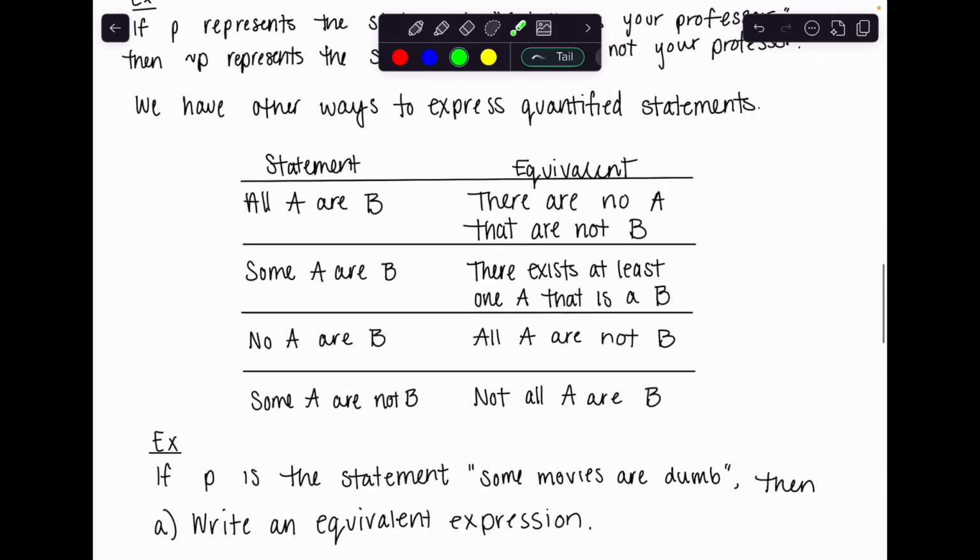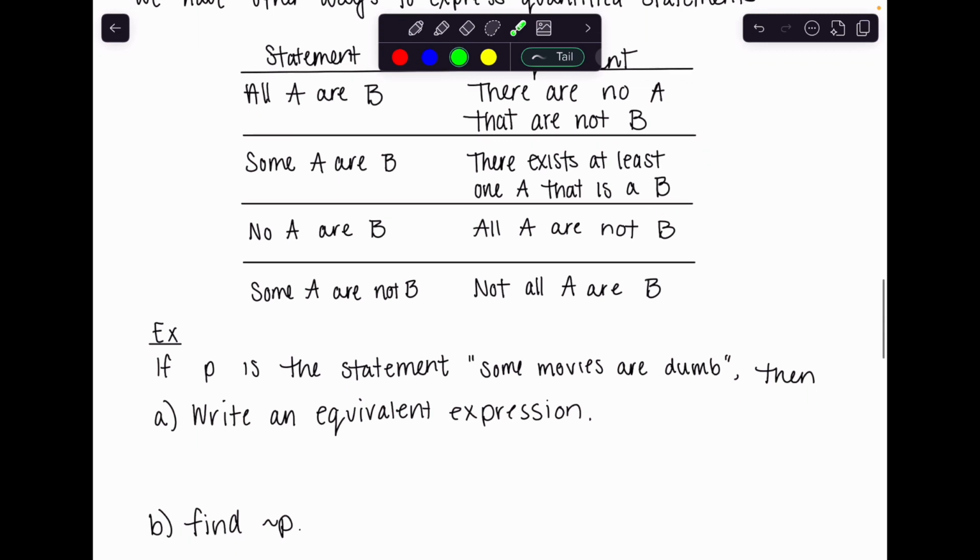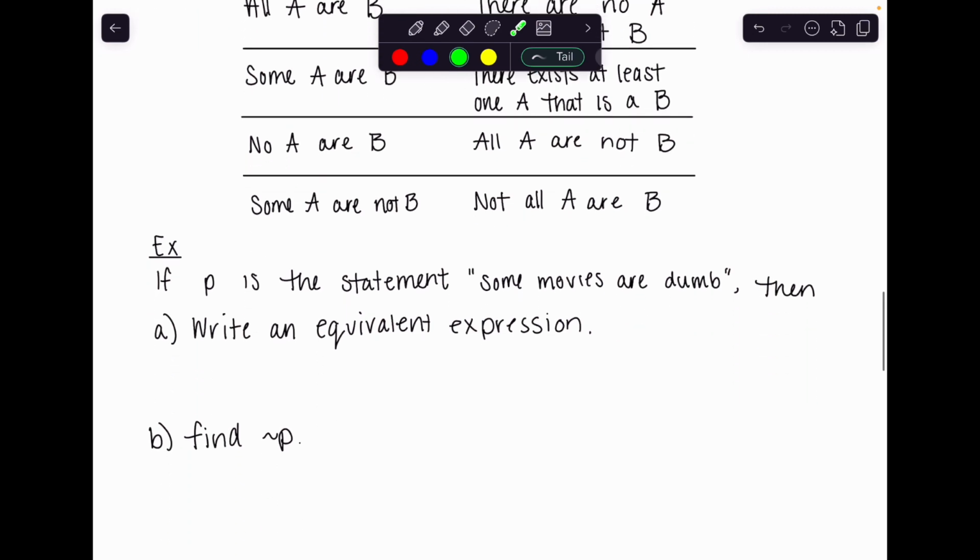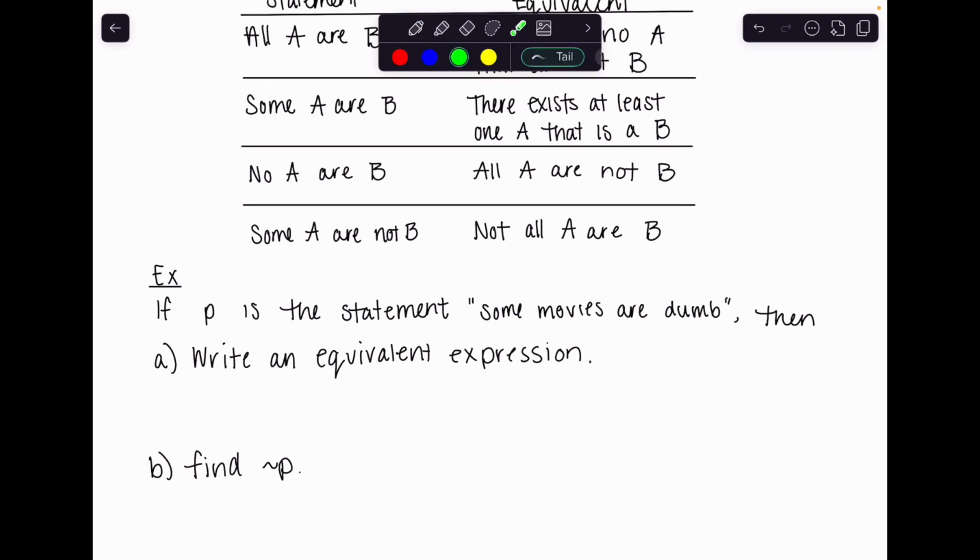So just to give you a quick example of how you can utilize this, if P is a statement, some movies are dumb, if I want to write an equivalent expression, so our phrase is back up here, some movies are dumb. An equivalent expression is, there exists at least one movie that is dumb.